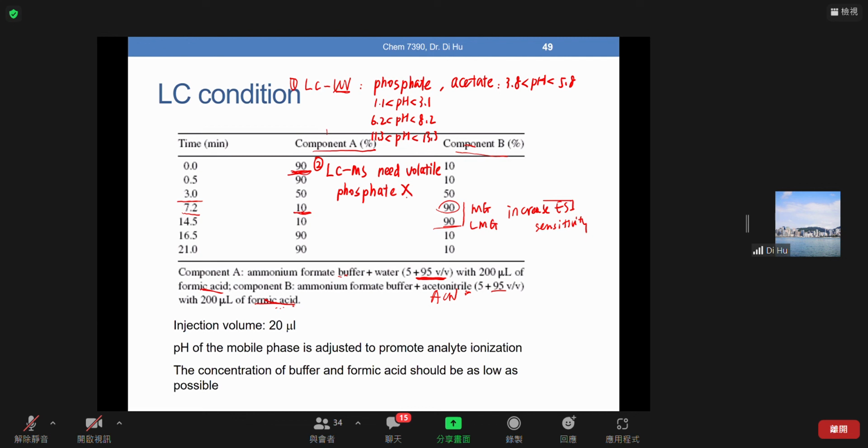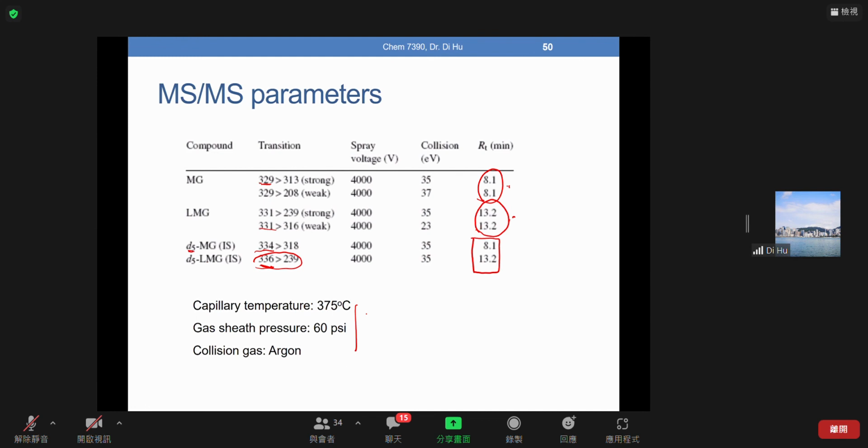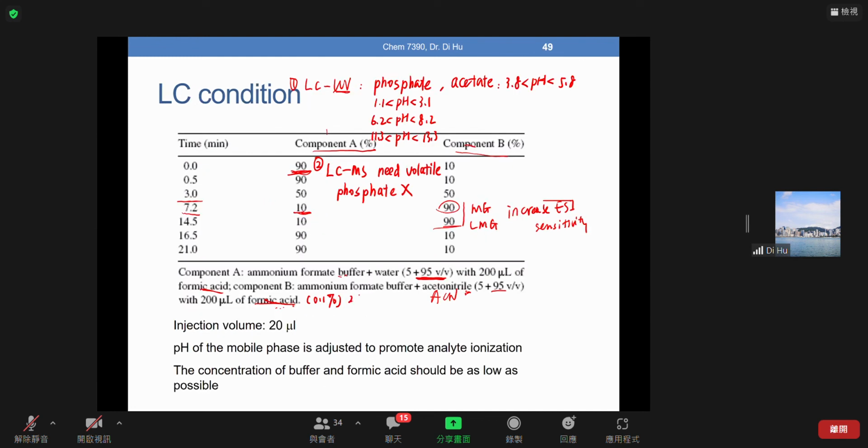So what we normally do, as you can see, is use formic acid. Let's say 0.1% formic acid, so the pH is around 2.7.